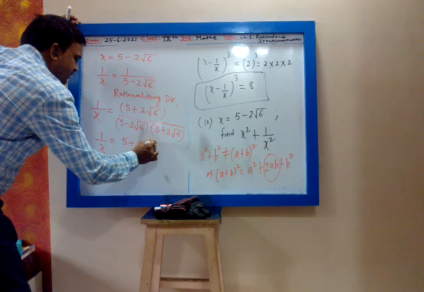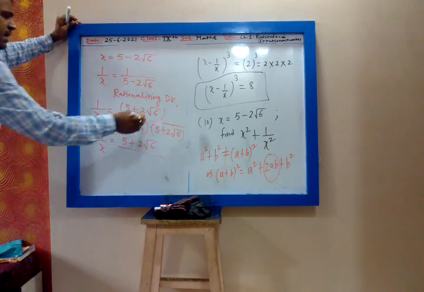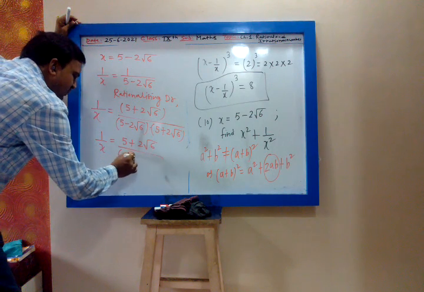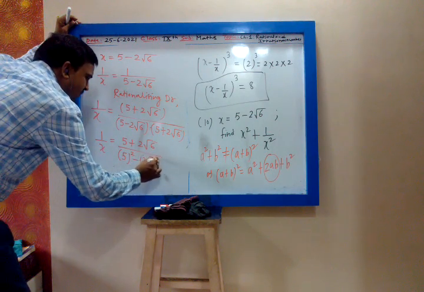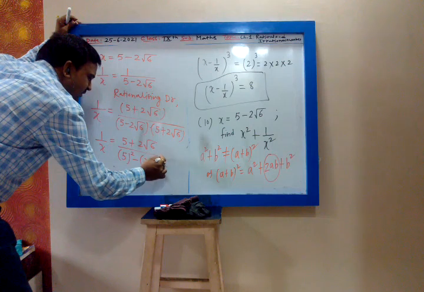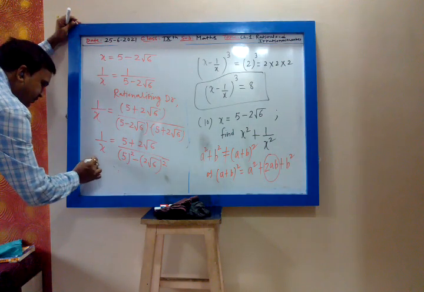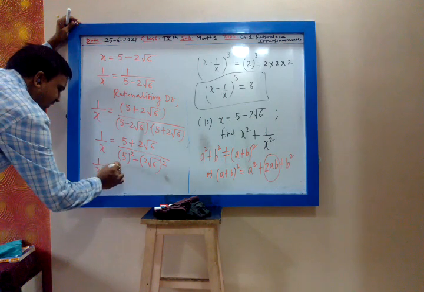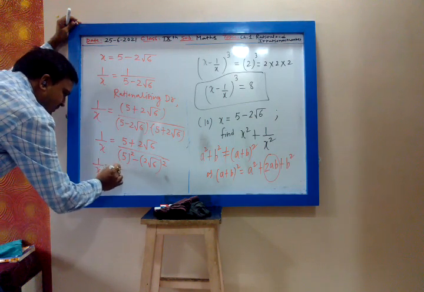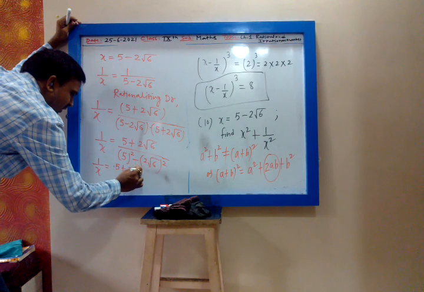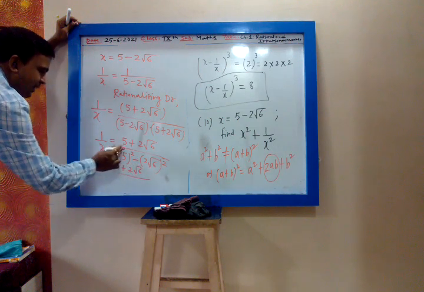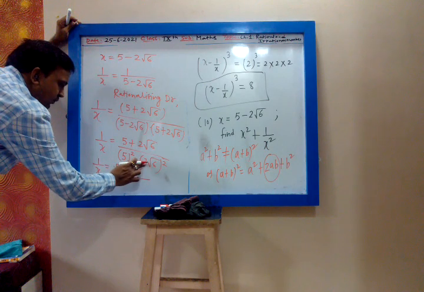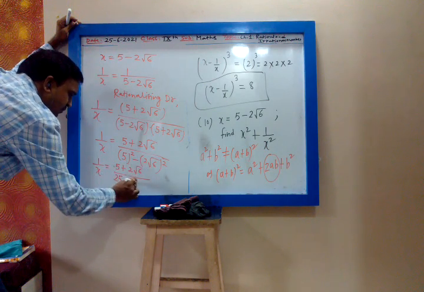So 1 upon x is 5 plus 2 root 6 upon a minus b into a plus b. What is that? 5 square minus 2 root 6 square. So 1 upon x is 5 plus 2 root 6 upon 5 square is 25 minus 2 square is 4, 4 6s are 24.